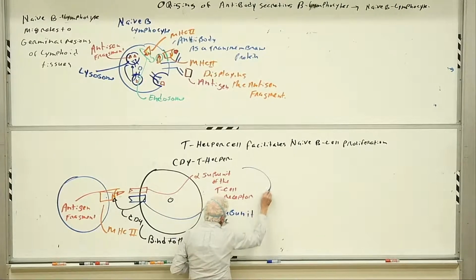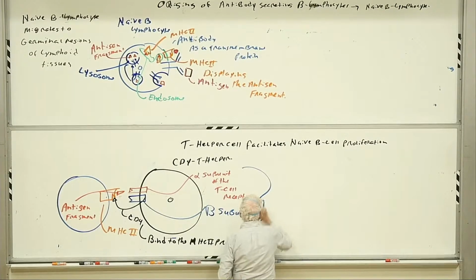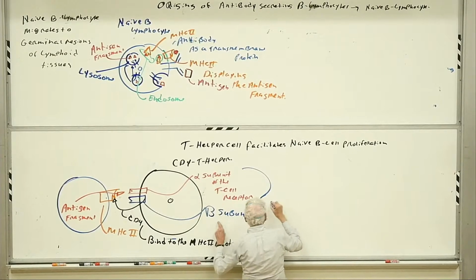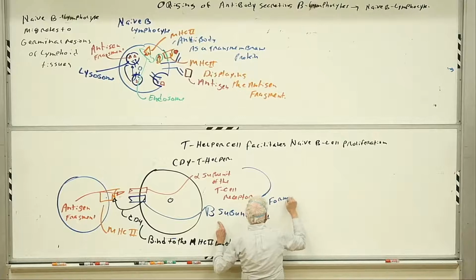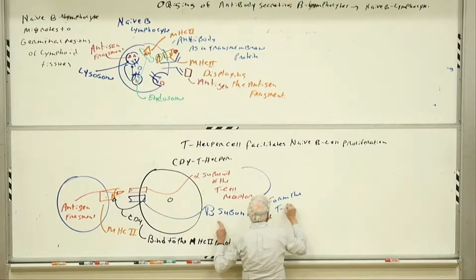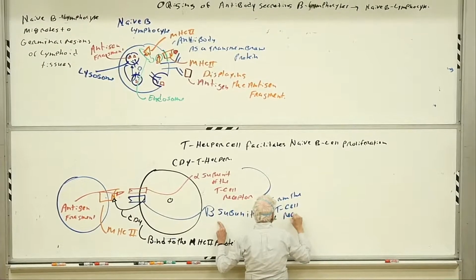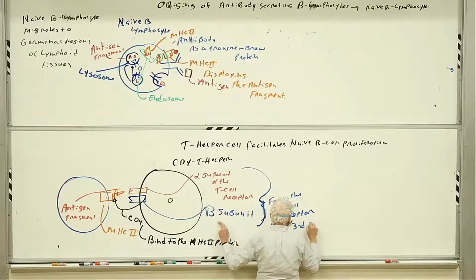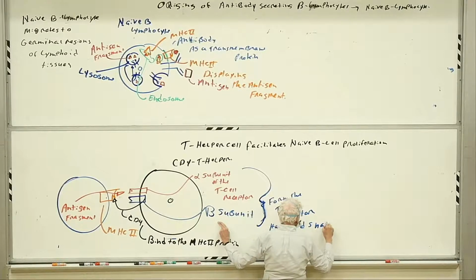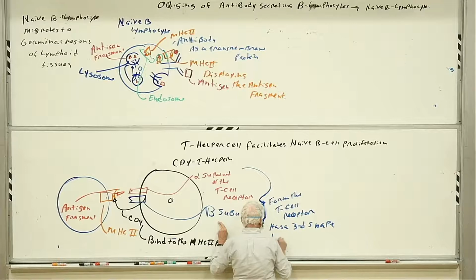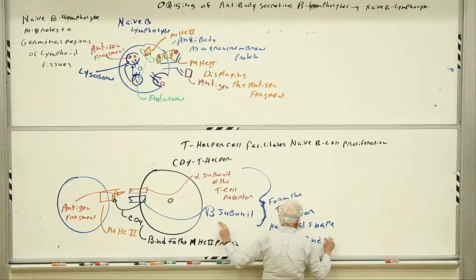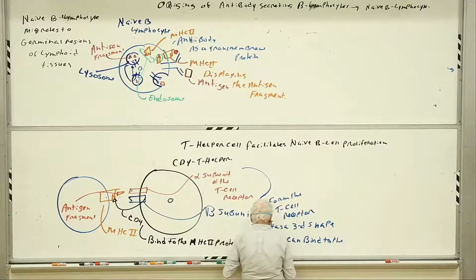And together, the alpha subunit and the beta subunit form the T cell receptor. And the T cell receptor has a 3D shape that can bind to the antigen fragment.